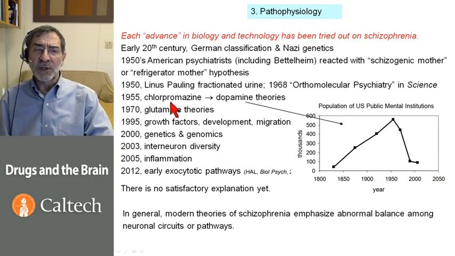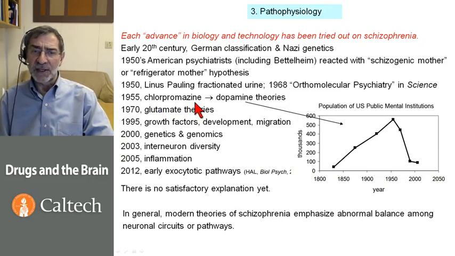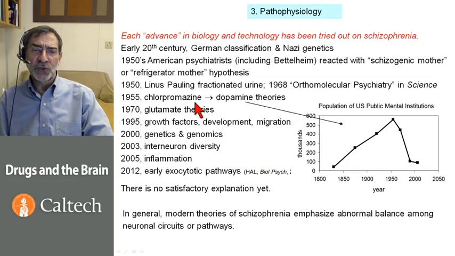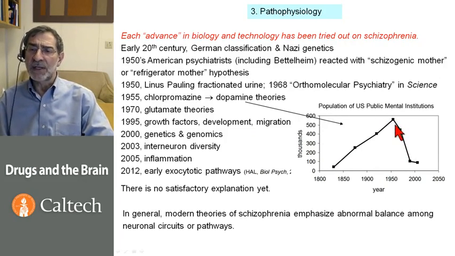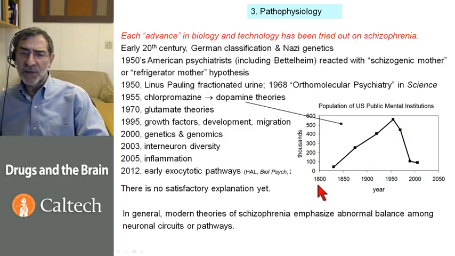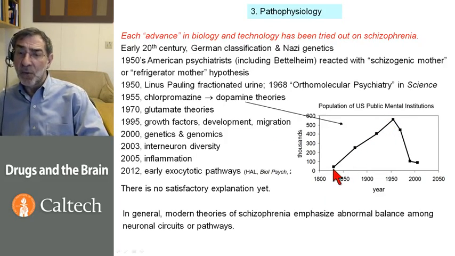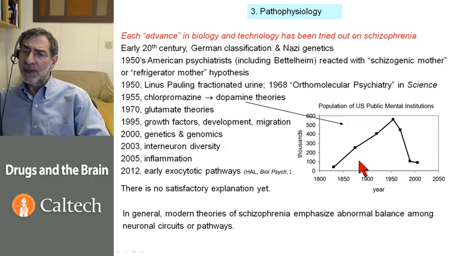In 1955, when chlorpromazine was accidentally discovered as an antipsychotic, this had two results. First of all, it became possible to release from mental institutions those patients who had been living in mental institutions. As you can see on this graph, the population of U.S. mental institutions was increasing from the early 1800s till around 1955, and was a more or less constant ratio of the U.S. population.